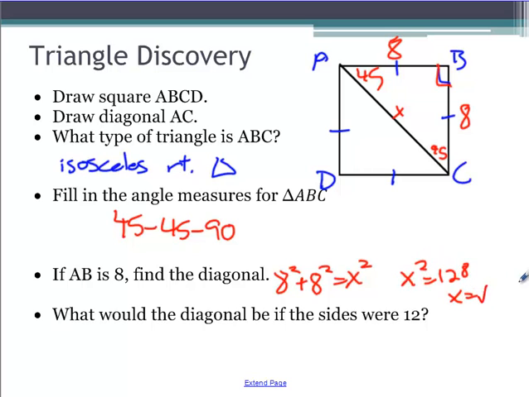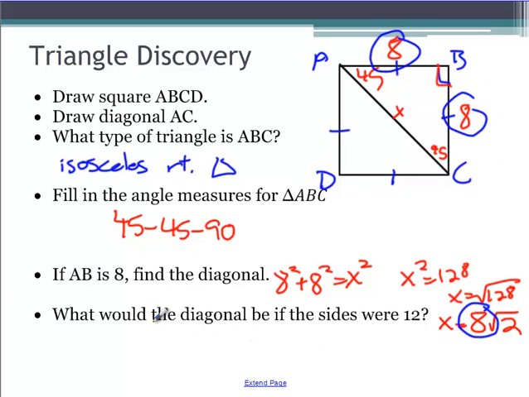So x is the square root of 128. Now, you go through and you do a factor tree on the square root of 128, and what you end up getting is 8 square root of 2. Because into 128 there's factors that multiply to 8. So I have 8 square root of 2 when my sides were 8.